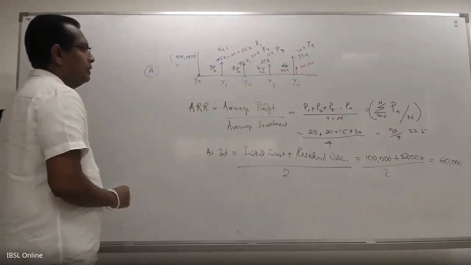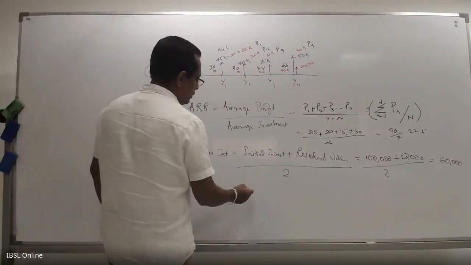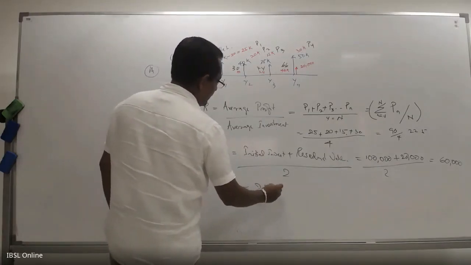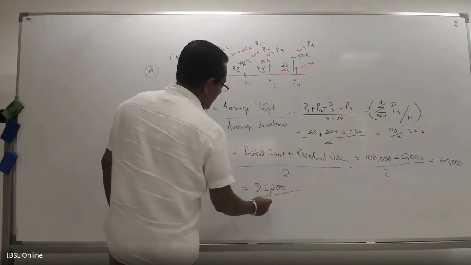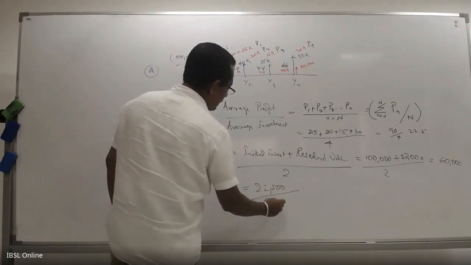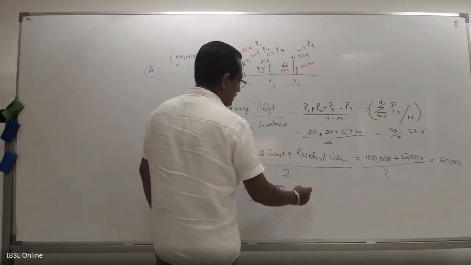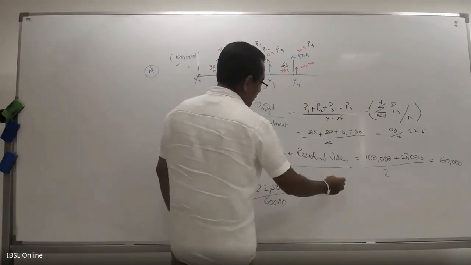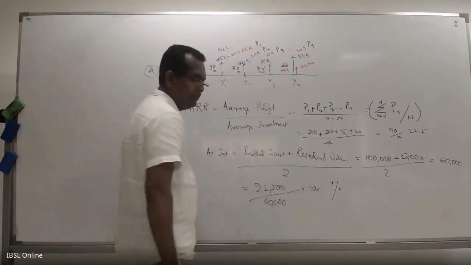Right? So 22,500, I think, divided by 60,000 into 100. So it will give you a percentage value. Right?